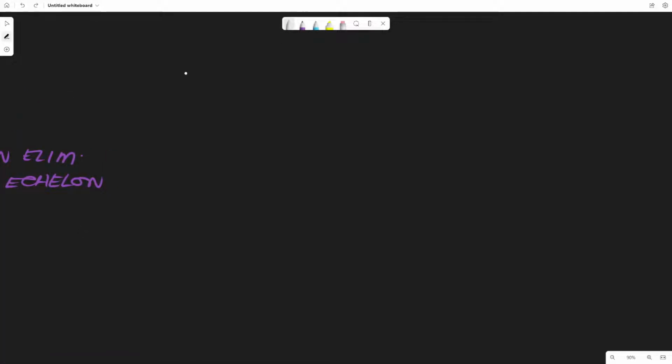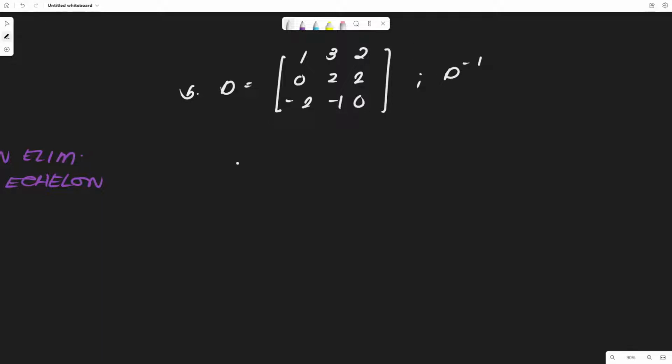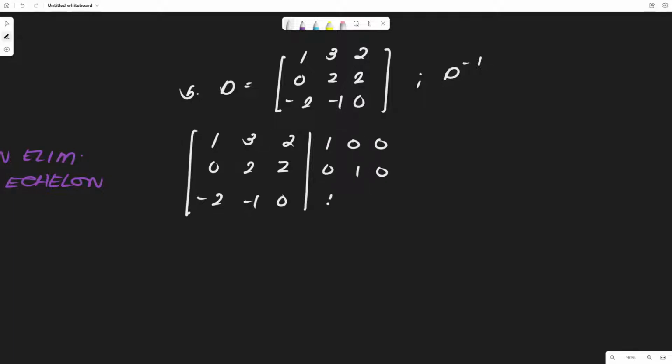Okay, so last example for 3x3. I have here my matrix D: 1, 3, 2, 0, 2, 2, -2, -1, 0. Of course, what we need to find is the inverse. So I will augment it again with an identity matrix, so that I can get our inverse.